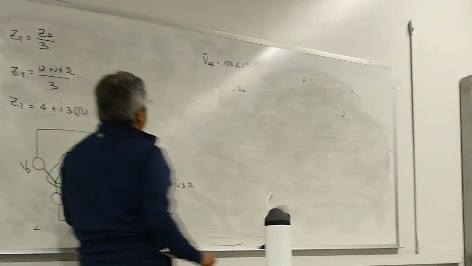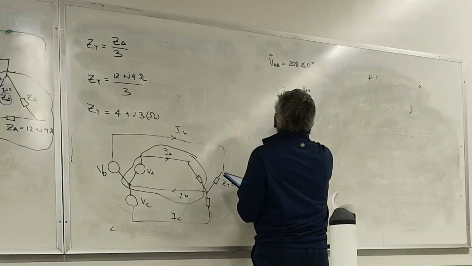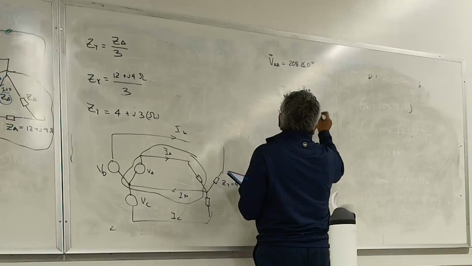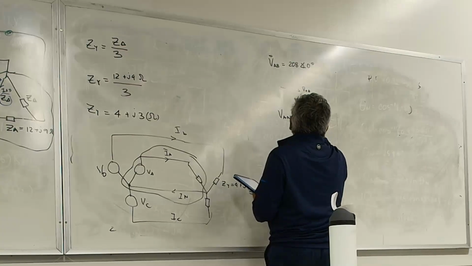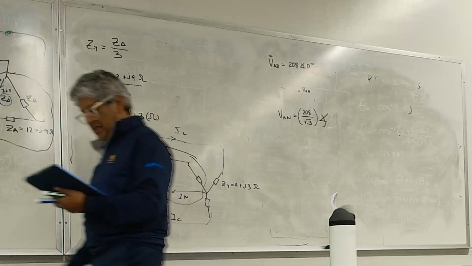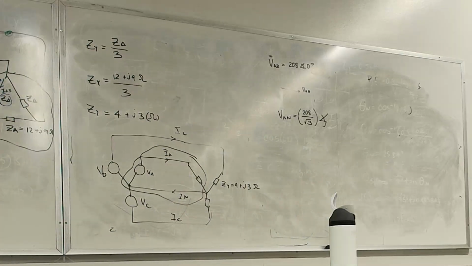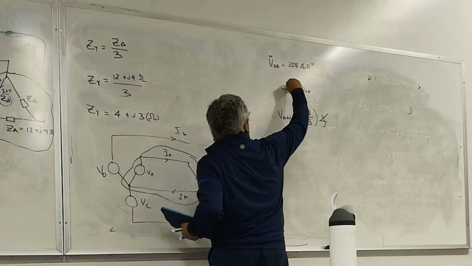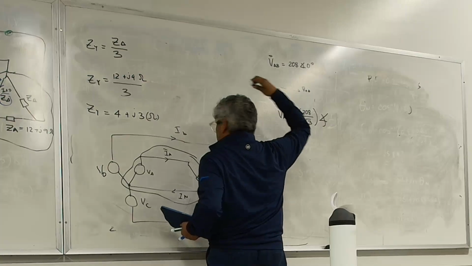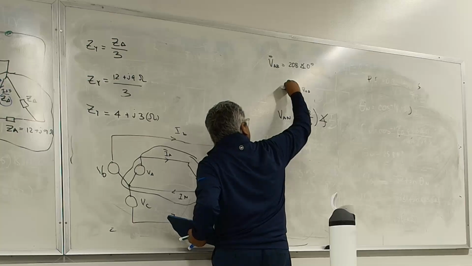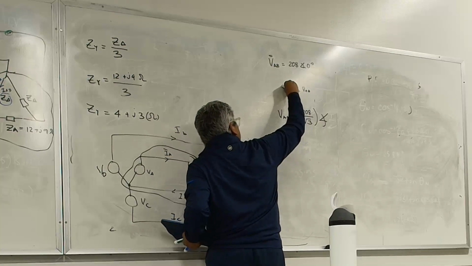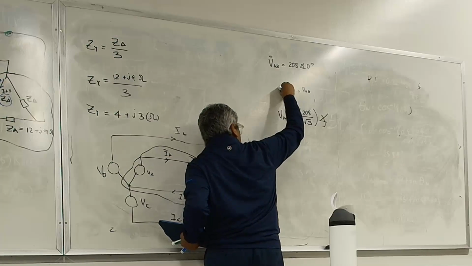So that is equal to VA to neutral, which is 208 divided by square root of 3 angle of... If I use my AB as the reference, the magnitude of A to neutral is going to be smaller by the square root of 3, but there's going to be a 30-degree shift.